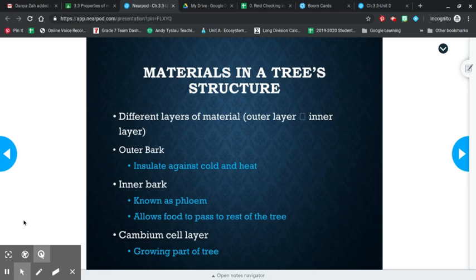Now when we looked at a tree, it has different layers of material that make up the tree, the tree trunk, and even the tree branches. You have the outer bark, the inner bark, and the cambium cell layer. We did include a picture of that, but that's the part that actually grows in the tree.